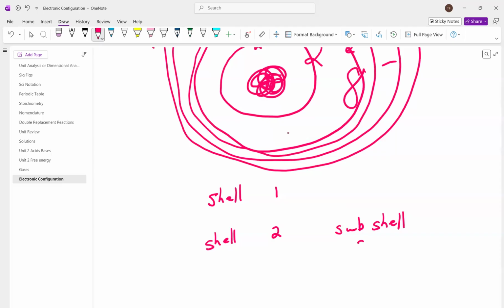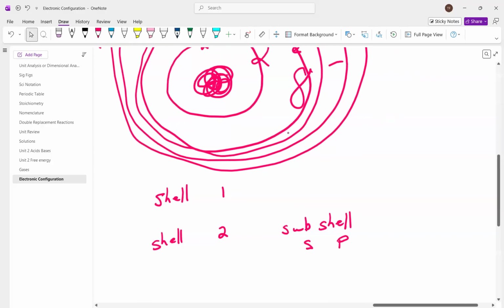There is something called S and P: subshell S, subshell P. How many orbitals does subshell P have?